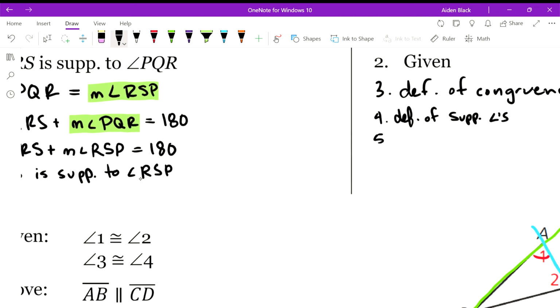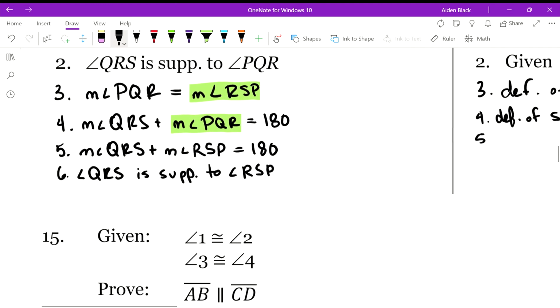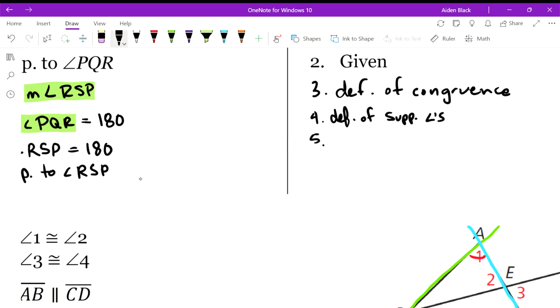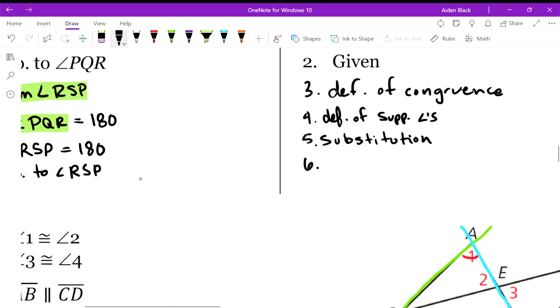Oh, what'd I miss? Substitution. Step number 5 was substitution. This step, though, from here to here, I'm just using the definition of supplementary angles again.